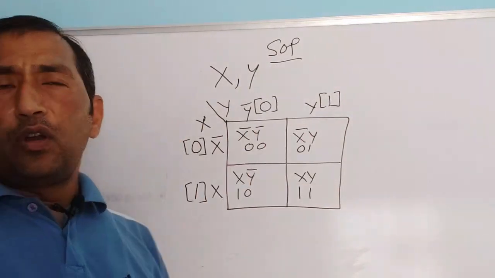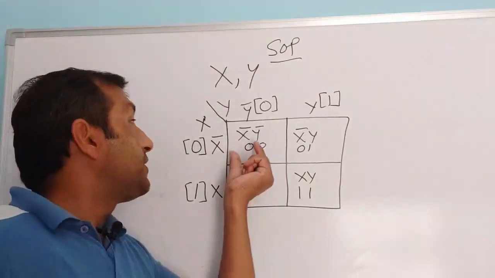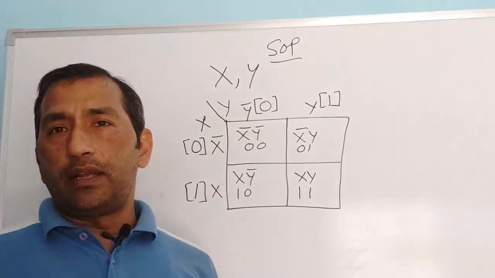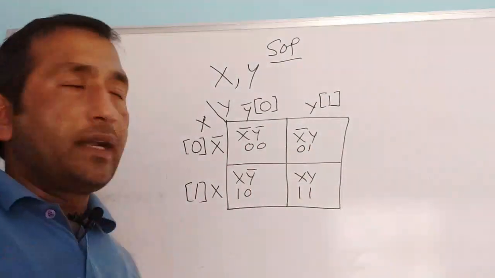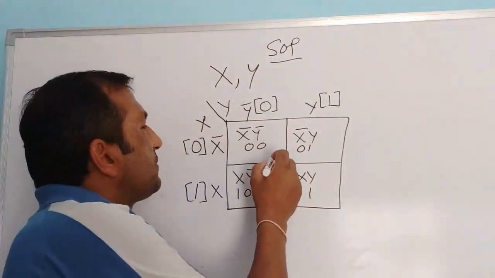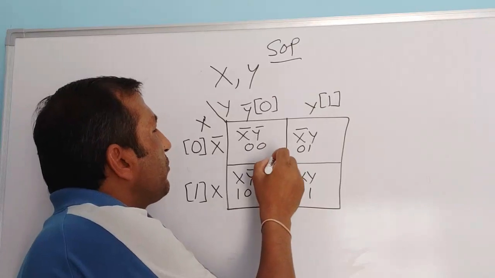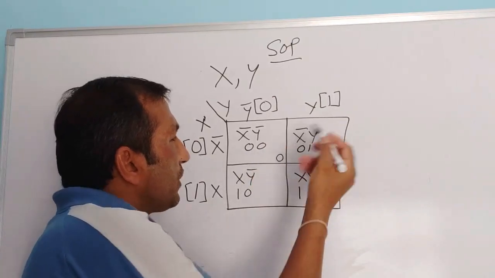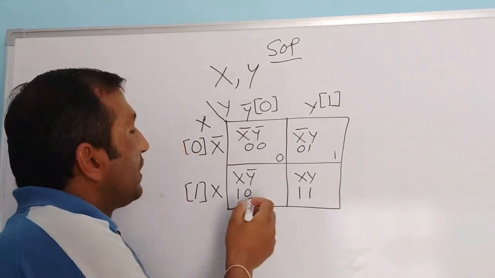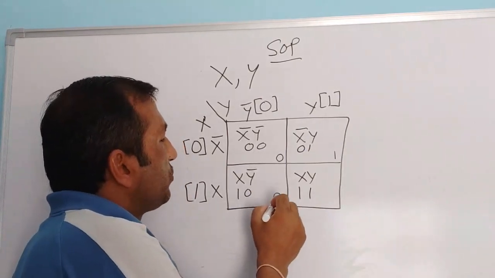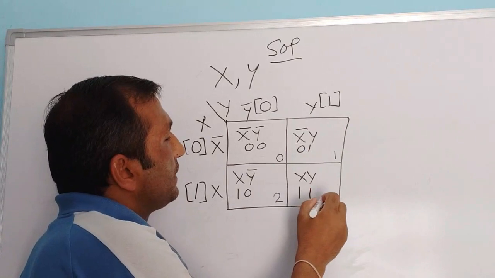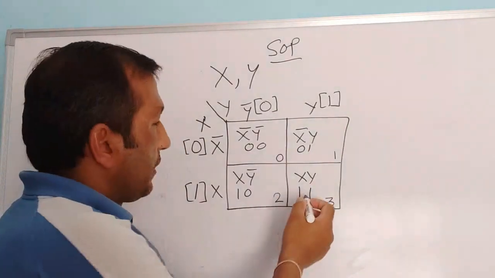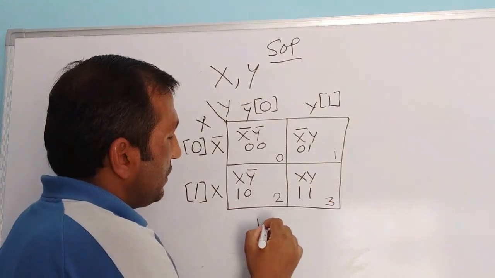Now if you convert these binary numbers into their decimal equivalents, 0 0 is 0, 0 1 is 1, 1 0 is 2, and 1 1 is 3. If you have a little bit of difficulty here, quickly I am explaining. Let's take the example of 1 1.